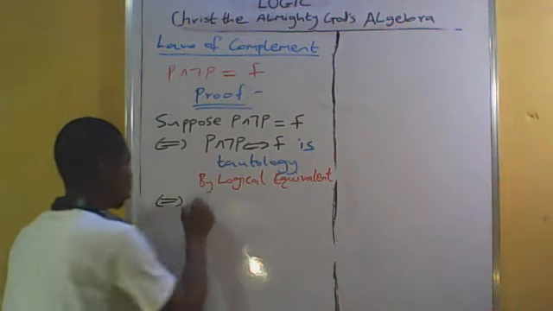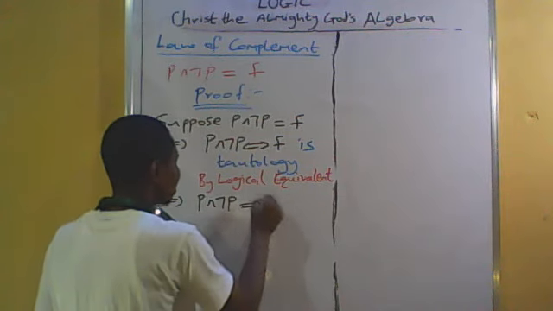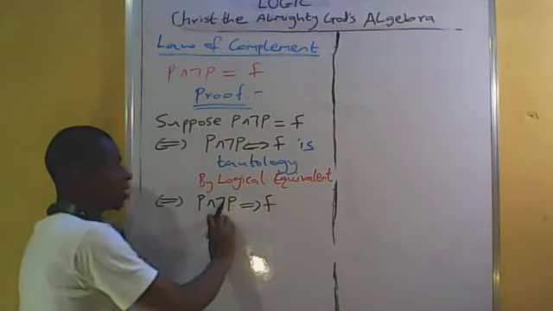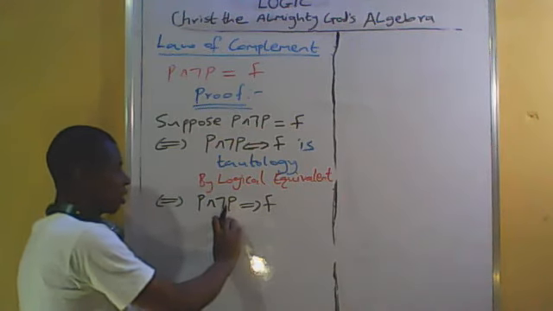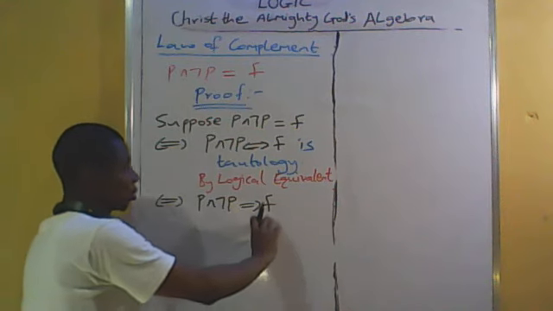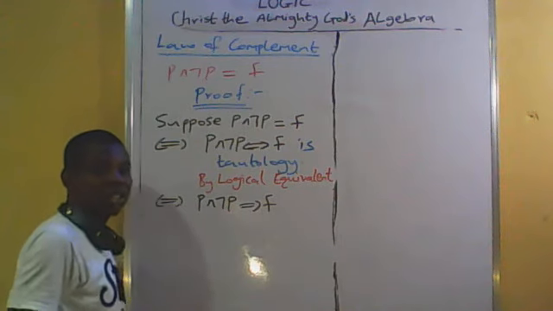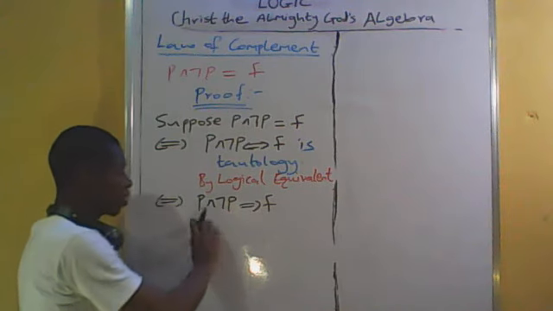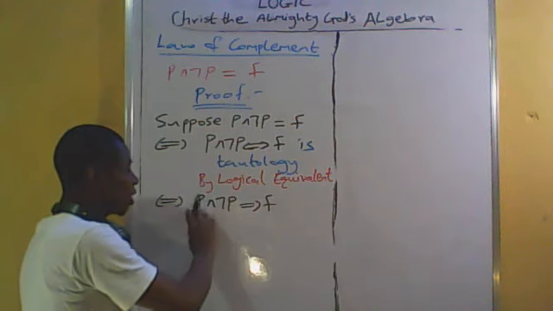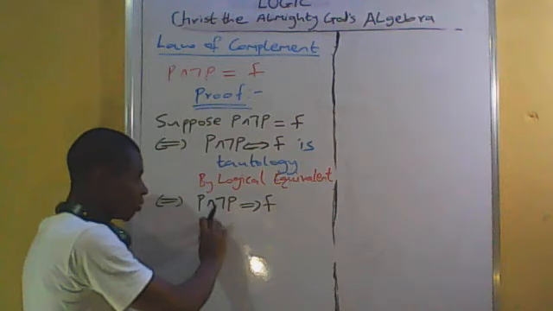That is, P and not P implies F. Whenever the antecedent of the statement is true, the consequent must also be true. But in this case, there is no possibility of the antecedent being true.